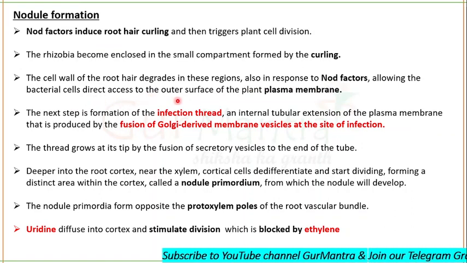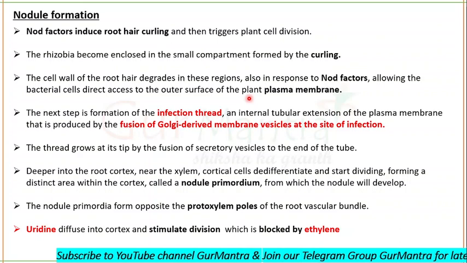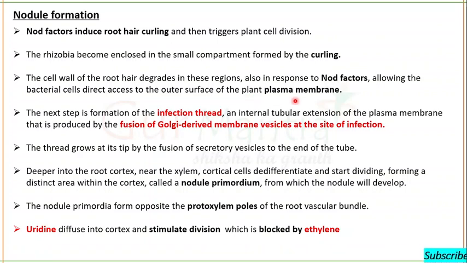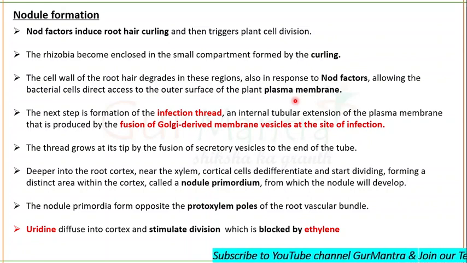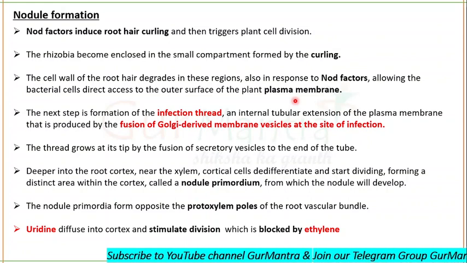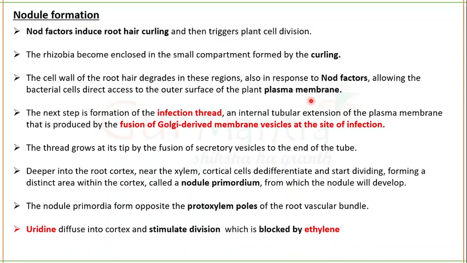direct access to the outer surface of the plant plasma membrane. It means that now the cell wall has been degraded and the bacterial cell can have direct access to the outer surface of the plasma membrane.